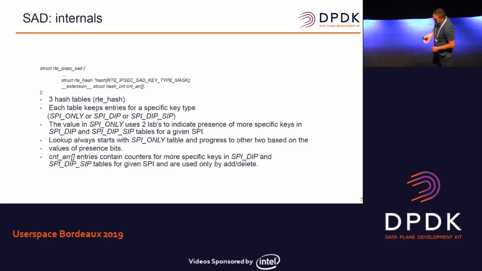So obviously in the first table we have key size of just 4 bytes, which is small enough, and lookup would be fast enough. Second one depends on IP version. For IPv4 it would be 8 bytes. For IPv6 it would be 16 plus 4, 20 bytes. And for the third one, it would be either 12 bytes or 36 bytes.